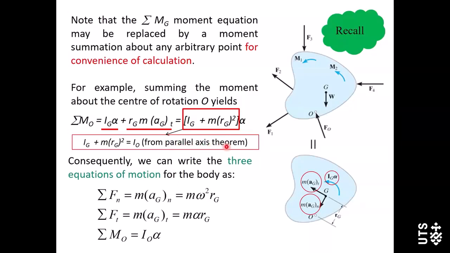Finally, this calculation of the rotational component about point O is equal to I_O, the mass moment of inertia of the rigid body about the rotation center point O, times alpha.